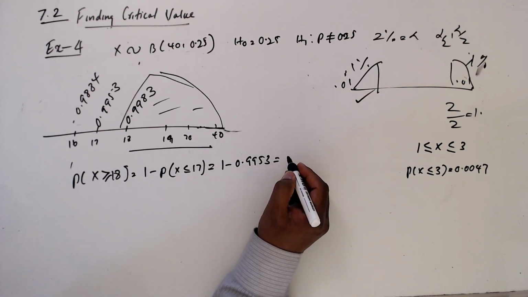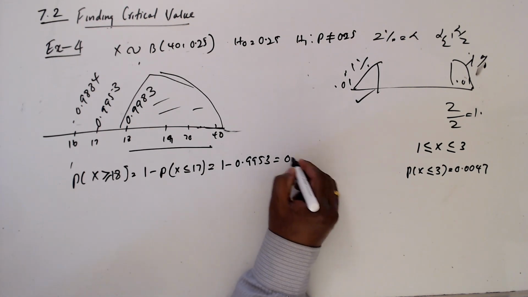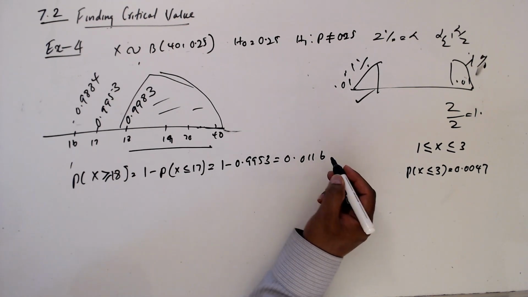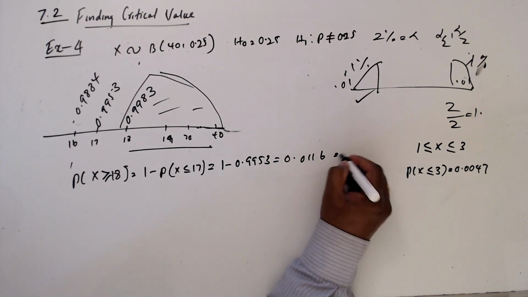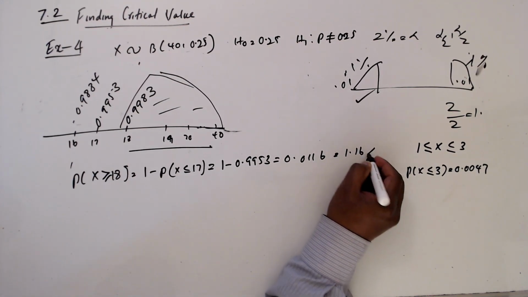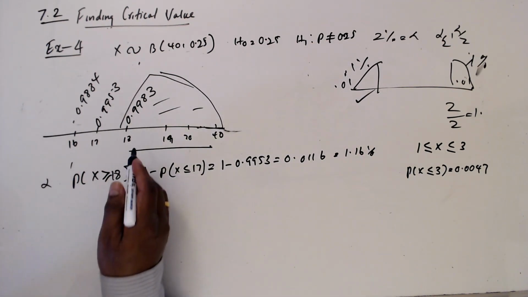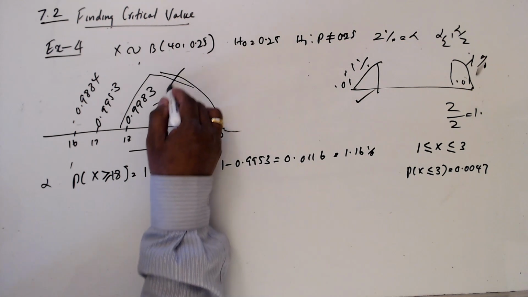So that value is going to be 0.0116, which is 1.16%. Now this is more than that, so this area is more, so we'll go up to here.